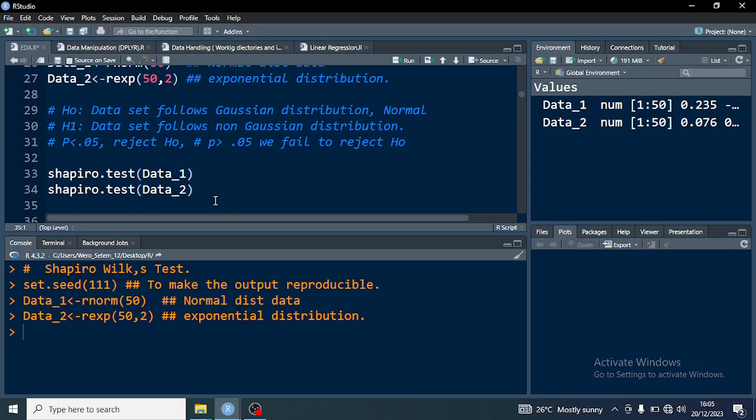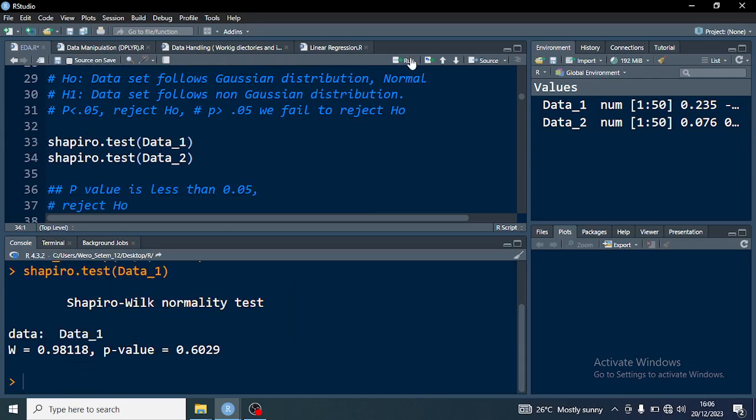For the Shapiro-Wilk test, we use shapiro.test. Then you provide the name of the data. So I'm saying shapiro.test(data_1), and here is my p-value. My p-value here is 0.60. This 0.60 is greater than 0.05.